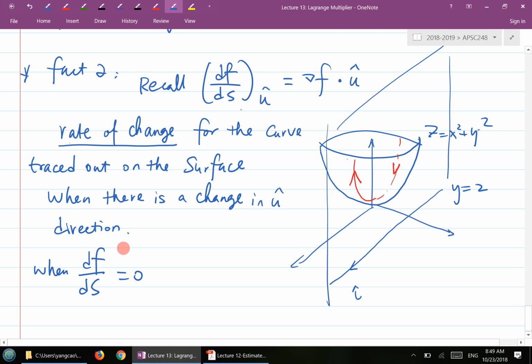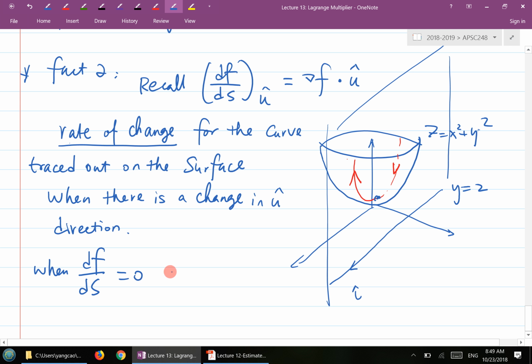If you look at this expression, the idea of the rate of change here, when df over ds equals 0, at least from here, I can see it must be at this local minimum location here. So df equal to 0 here, there's no change.